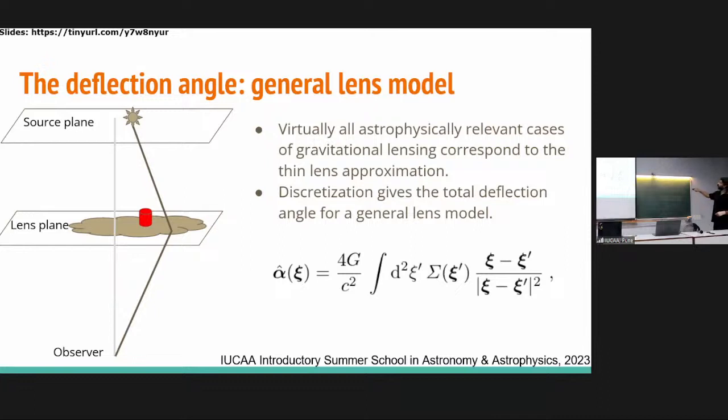So let's look at a source which is somewhere here in the source plane. Okay? Then there is an arbitrary mass distribution here in something called a lens plane, and you as an observer are sitting here. What Einstein had derived previously was, given a small point mass m, what is the deflection angle that you are expected to see?